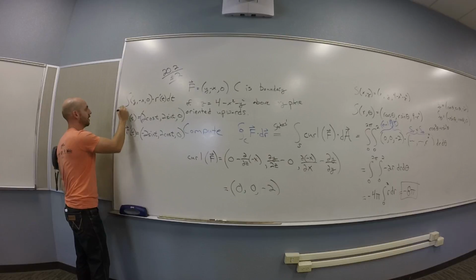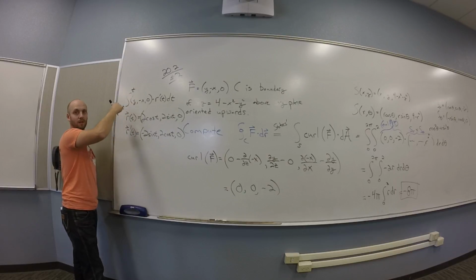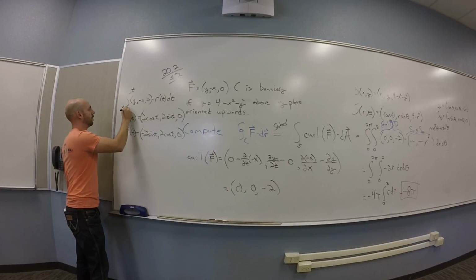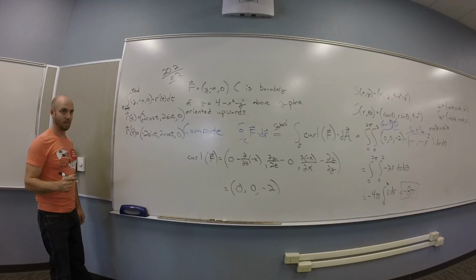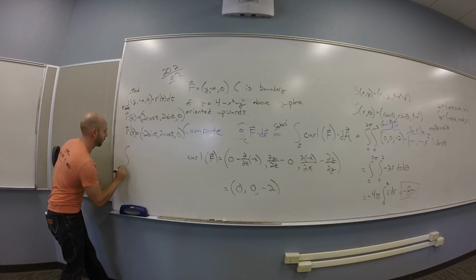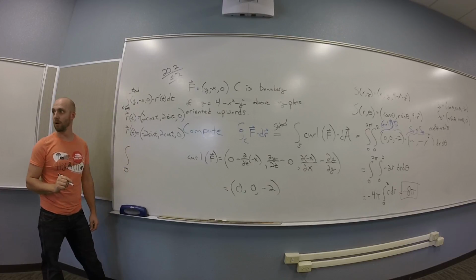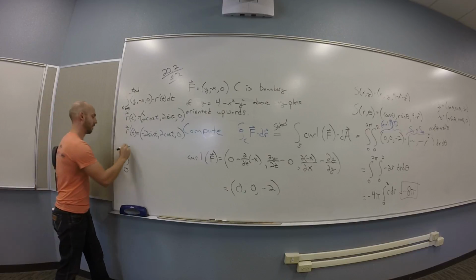And then I need the t limits. The beginning to the end, right? From 0 to, is it 2 pi? It's 2 pi because it's an angle, right?